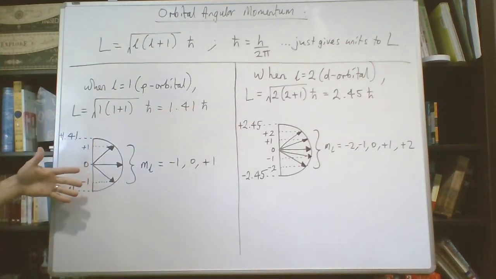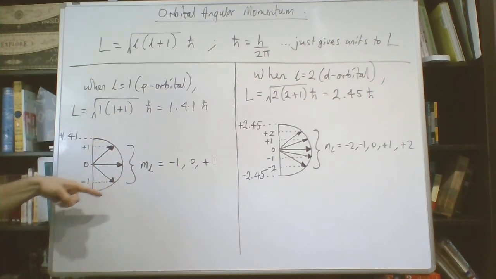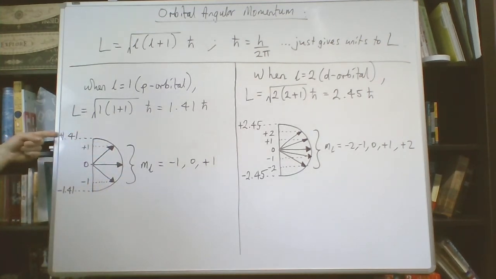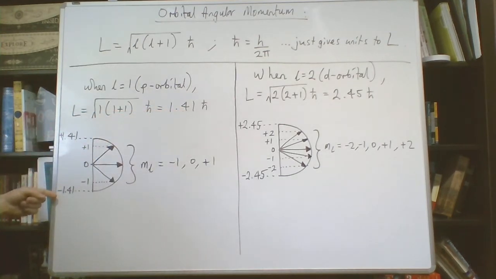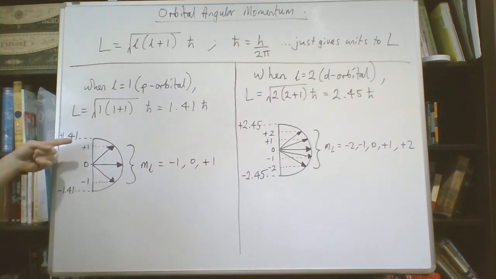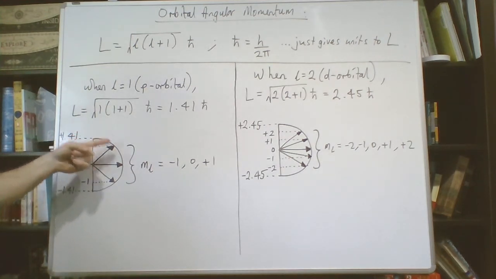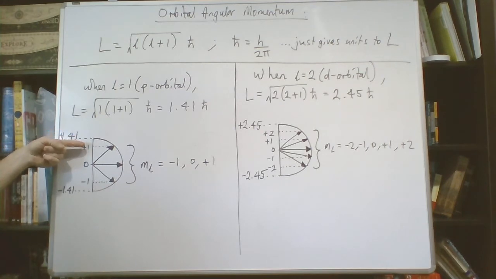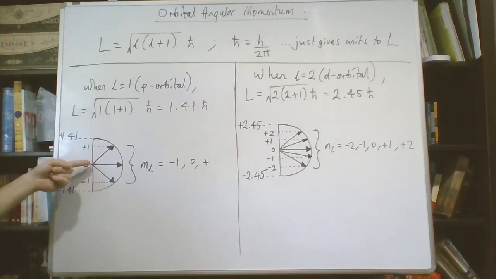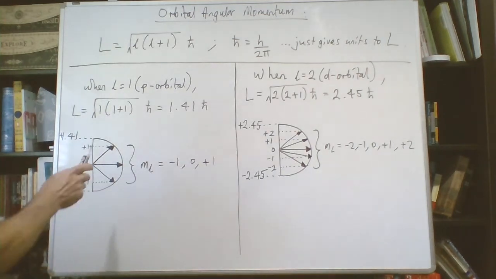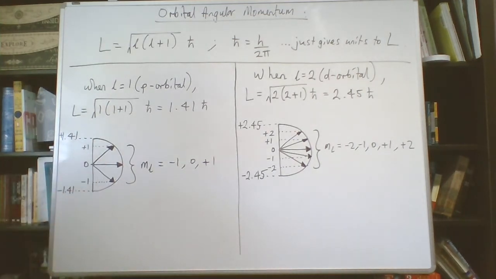So if we plot that down, we draw a semicircle here, we have plus 1.41 and negative 1.41, but our quantum numbers can only take whole number integers. So we can see that on this semicircle, we'd have to drop a bit down from the maximum to get plus 1, drop a bit up from the minimum to get negative 1, and then we can connect the origin 0 to those lines.